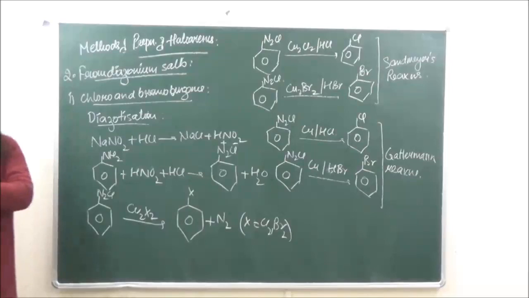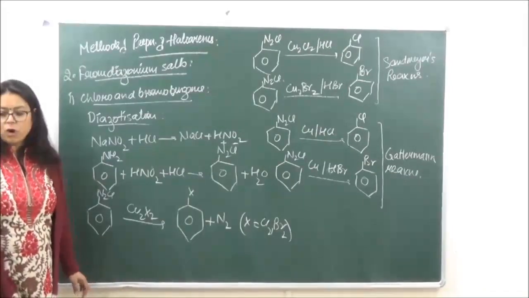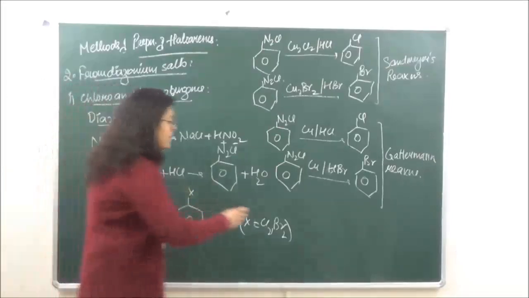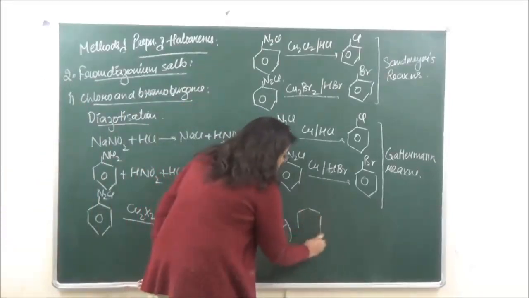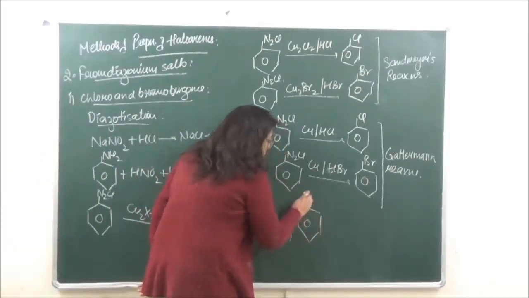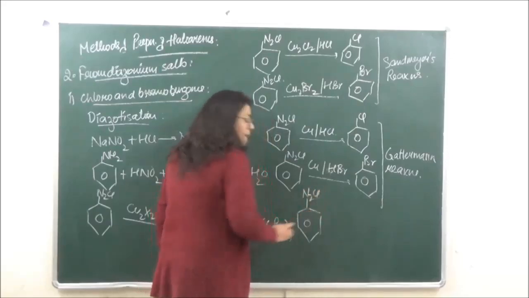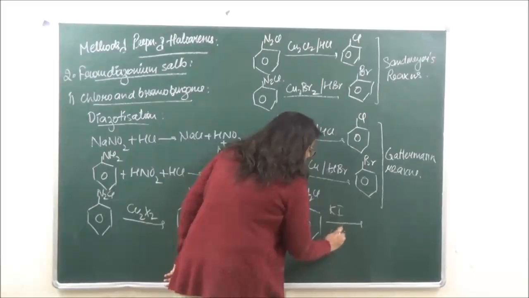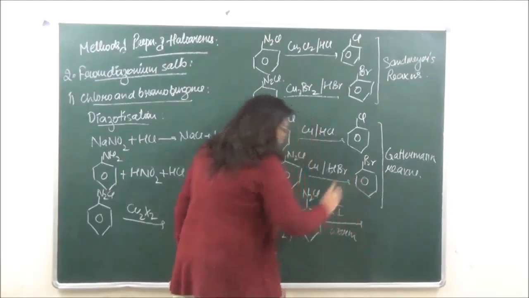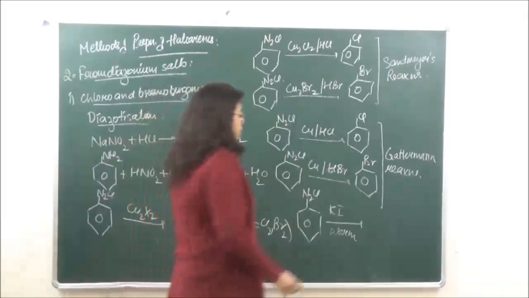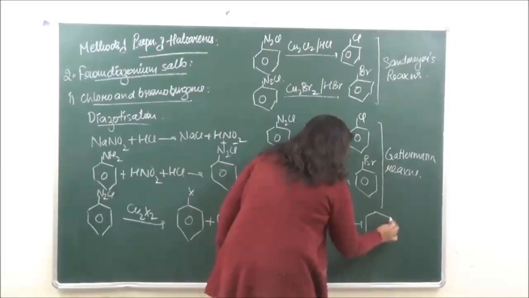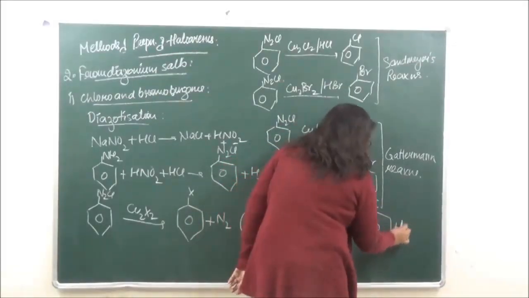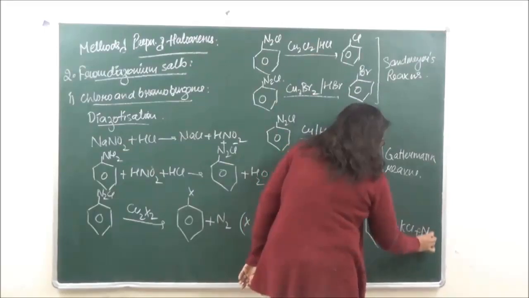Now, if we want to form iodobenzene, we react benzene diazonium chloride with potassium iodide, and we get iodobenzene plus KCl plus N2.